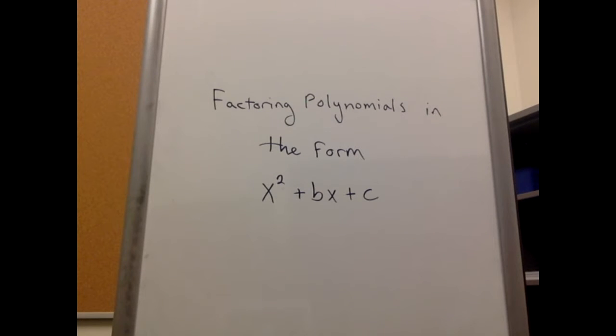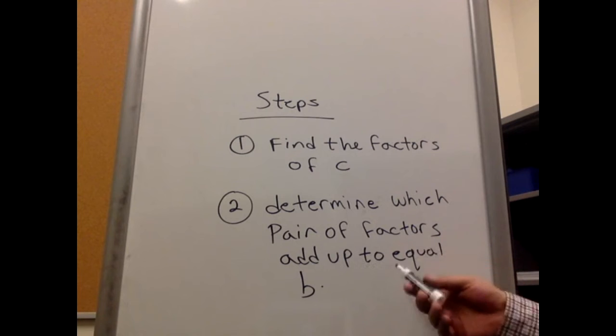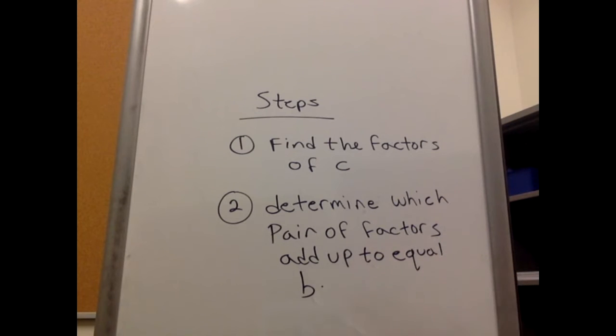So let's get started with the steps that we need to follow in order to factor polynomials in this form. First of all, we have to determine what are the factors of c. We have to find all of those. And then when we figure out those factors, which we'll list, and I'll show you how, we then need to determine which pair of factors, when added together, gives us the sum of b.